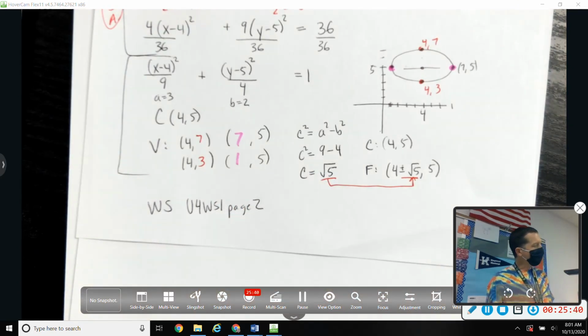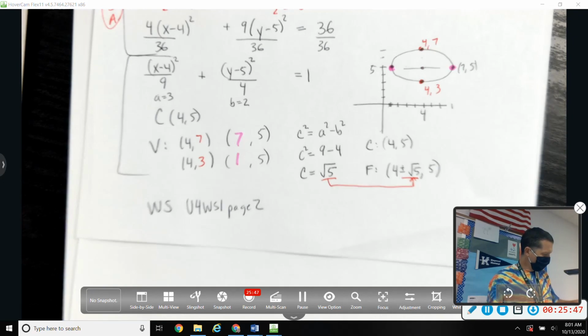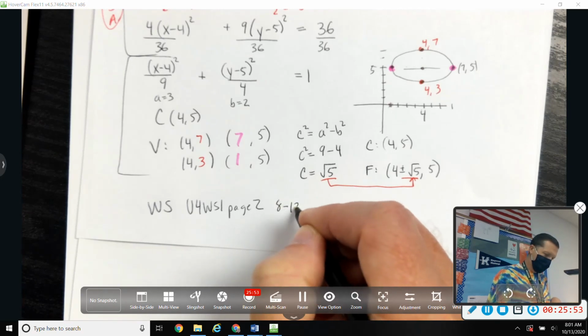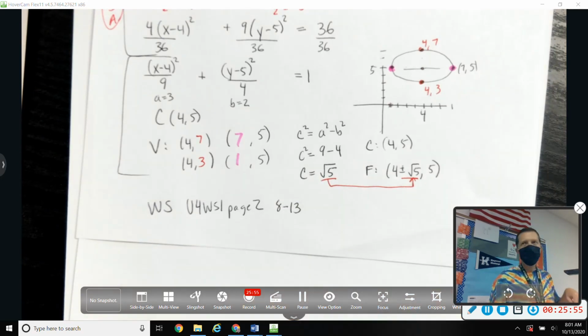You work until it hits hyperbolas, and then you think, we haven't done hyperbolas, so you stop there. So 1, 2, 3, 4, 5, 6 problems today. It's 8 through 13. So try those, and we'll look at those tomorrow.